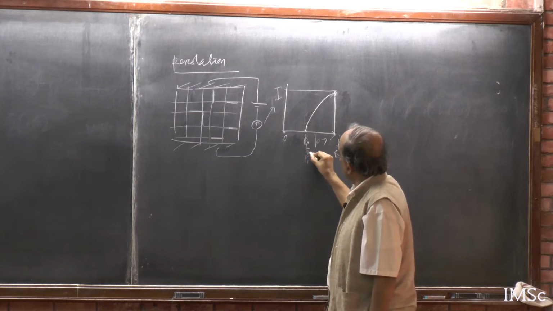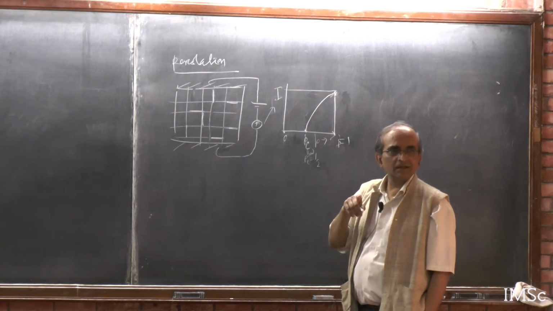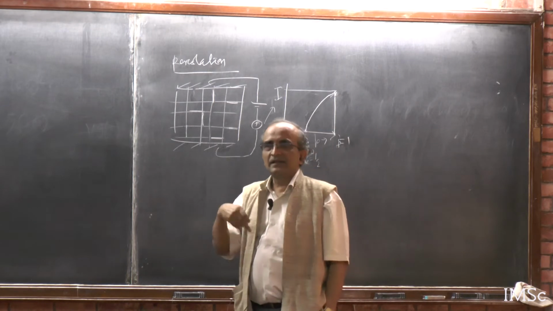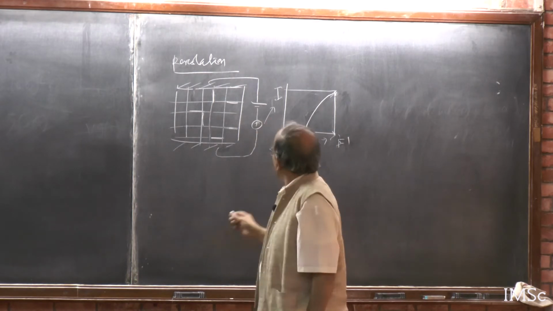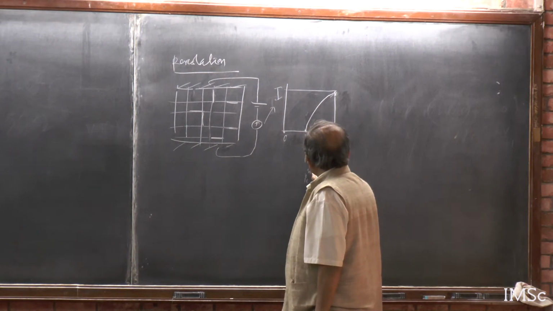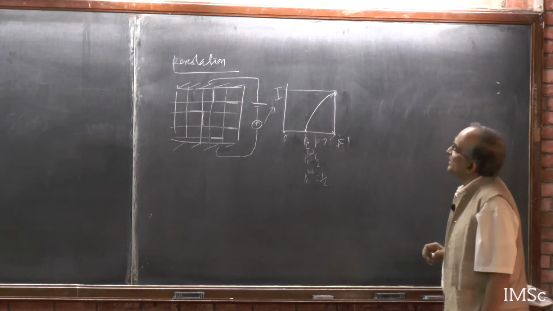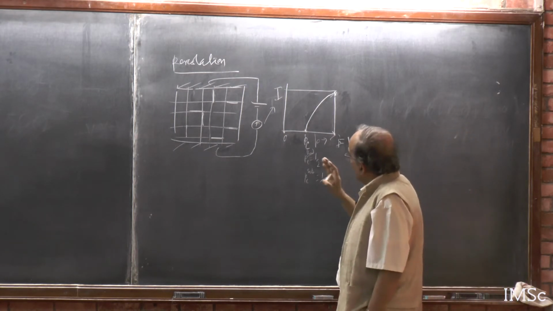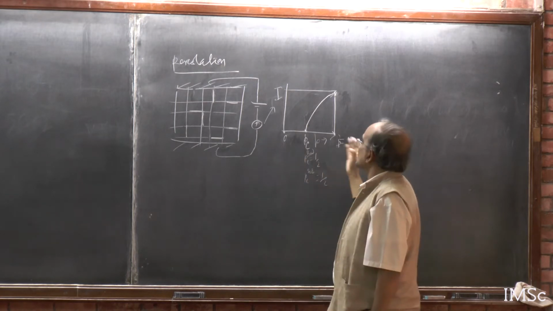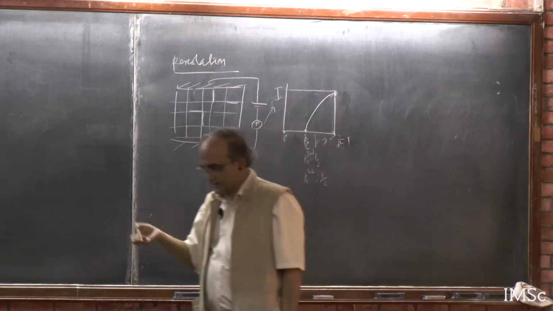This is bond randomly thrown. And for a triangular lattice, site p_c is half. There is some kind of mapping from one to another, but in general the bond threshold on a triangular lattice, or on other lattices, would be different.